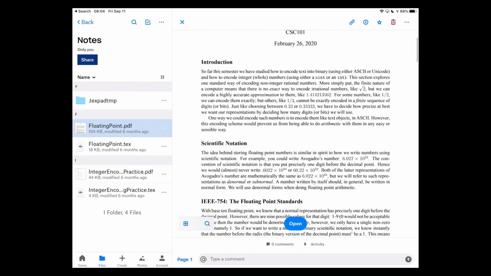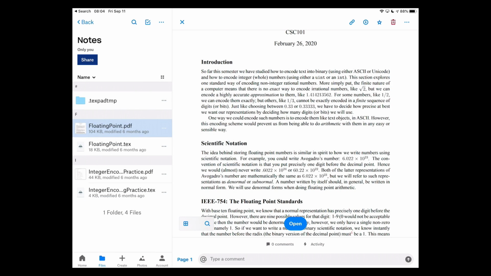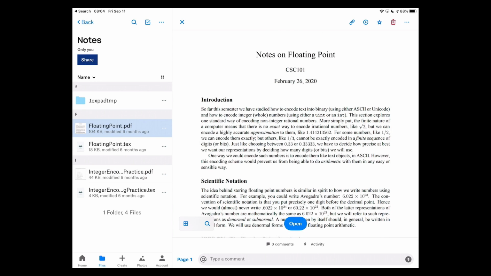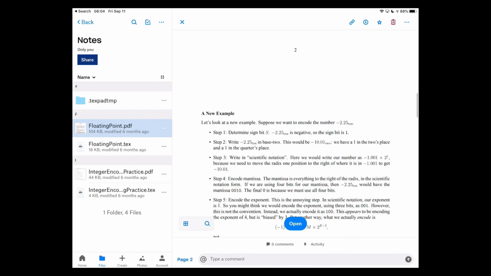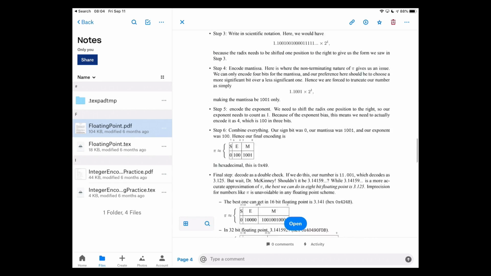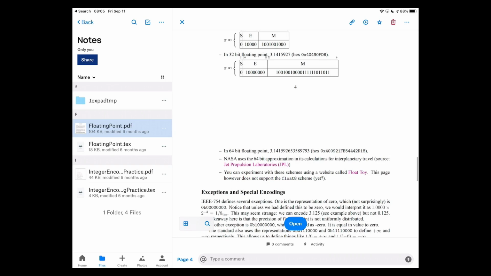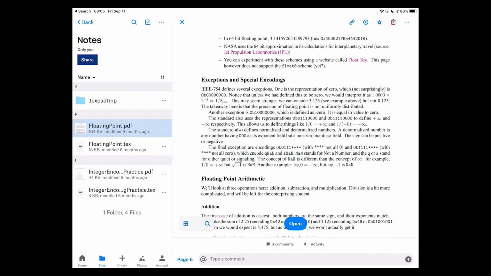Okay. Oops, that's not what I wanted. So let's look briefly at my notes here. This goes through basically most of the floating point stuff that we've already talked about with some examples. But what I wanted to talk about is some of the special encodings.